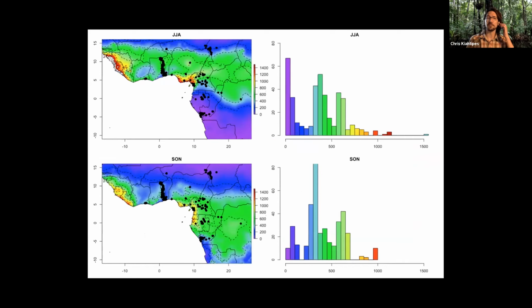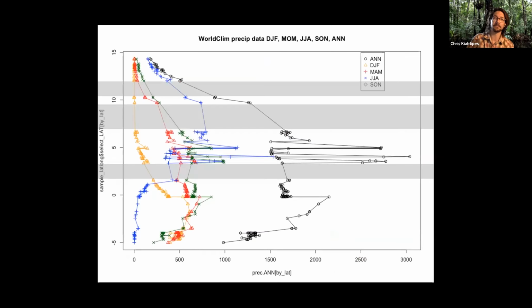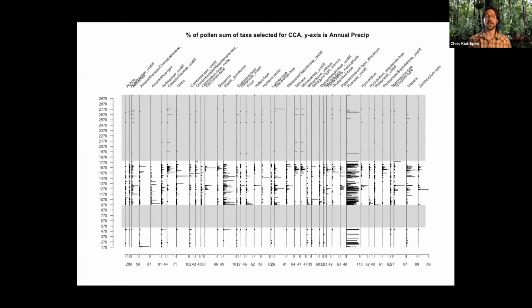Just showing the distribution of volumes of precipitation within the different isohyets there. So it's a relatively detailed data set. You can compare with those surface samples, you look at their distribution across latitudes and precipitation regimes. And so with all of that, harmonizing the taxa gives you the capacity to look at pollen distributions across space and hopefully do a better job of interpreting our own records.